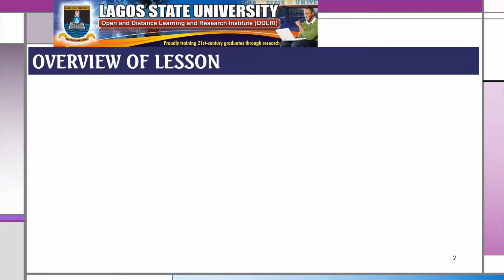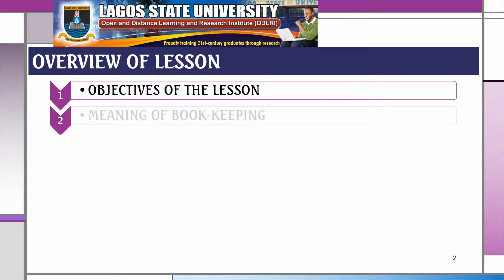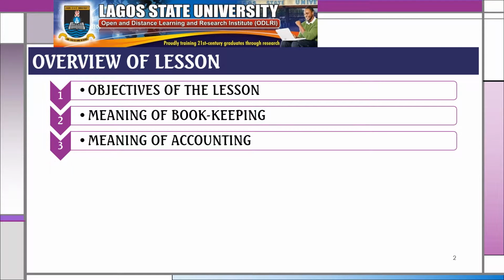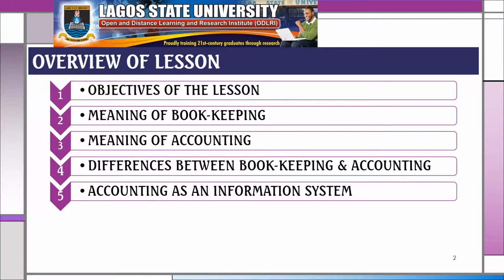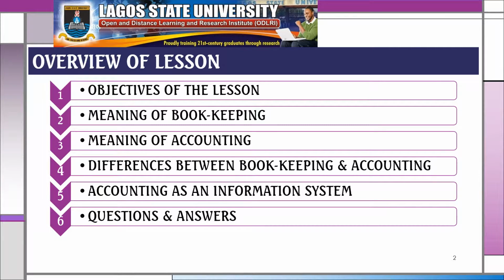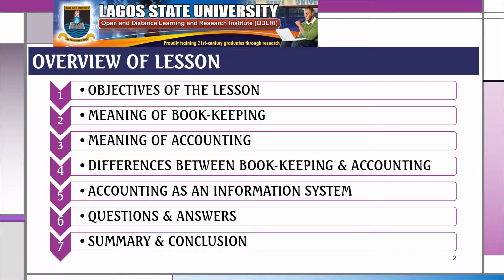Let us have an overview of the lesson. We have objectives of the lesson, meaning of bookkeeping, meaning of accounting, differences between bookkeeping and accounting, accounting as an information system, questions and answers, summary and conclusion.